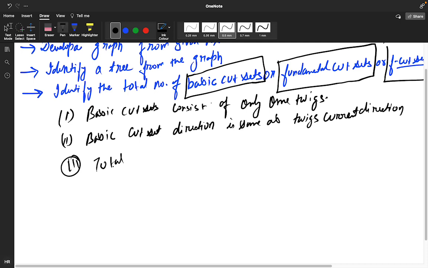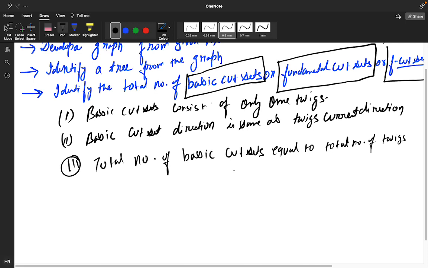So what I am telling is, the total number of basic cut sets will be equal to the total number of twigs, and the formula for total number of twigs is nothing but n minus 1. Okay. Now do the solution.